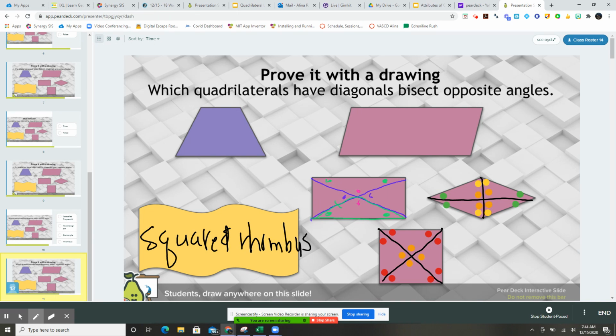So if my diagonals are the same, then these angles are going to be the same. And then I can do these guys. Those are different from the other light green ones. Right?